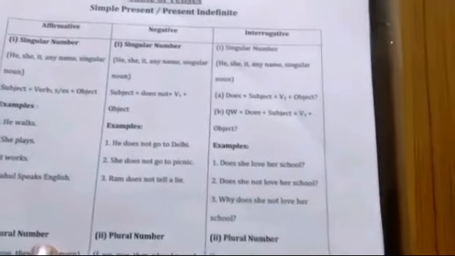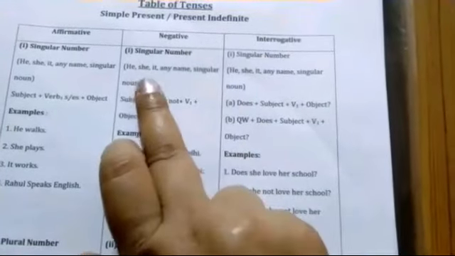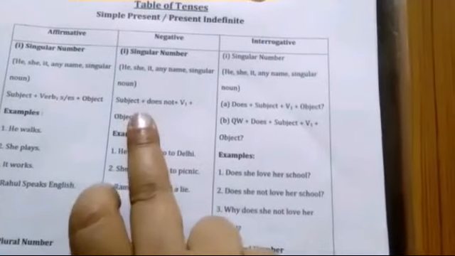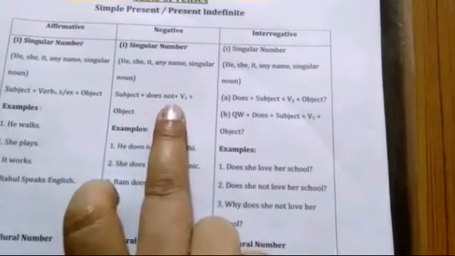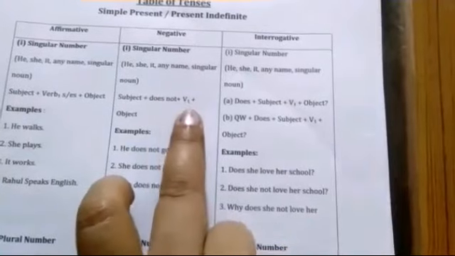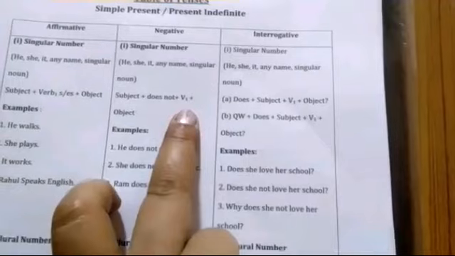Okay, now negative sentence. In negative sentence, singular number is the same: he, she, it, any name or singular noun, and the formula is subject, then does not. We use does not in negative sentence, and then we don't use S or ES in negative sentence.